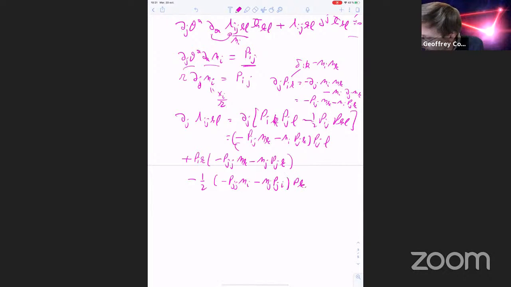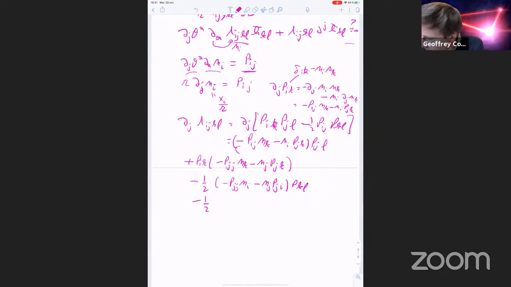If I didn't make a mistake. And then there is another term on the p_kl now. All right, hope I didn't make a mistake. So now this n contracted with the p is 0. This p, summation of p, we said it was 2.